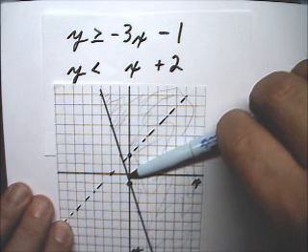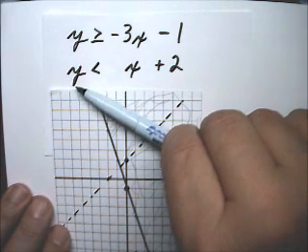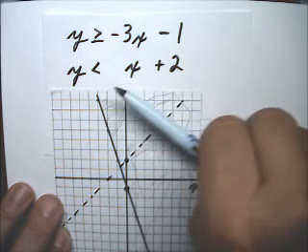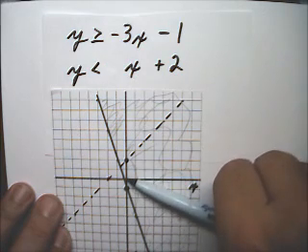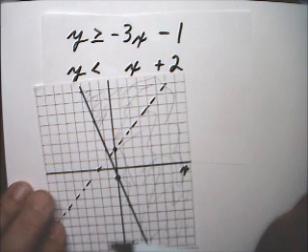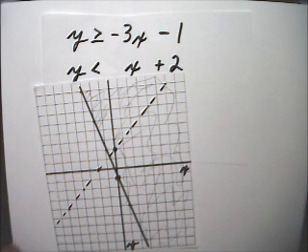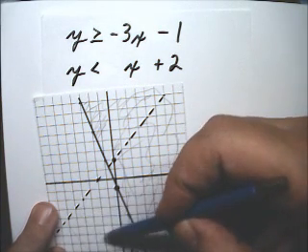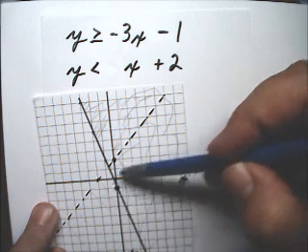And 0, 0 is a good point. Here I would have 0 is less than 2. If I put in a 0 for y, a 0 for x, that's the point 0, 0. And that is true. 0 is less than 2. So everything to this side of the line is the solution.